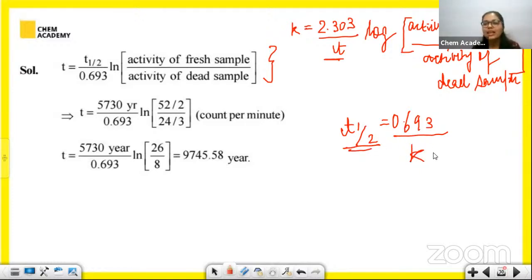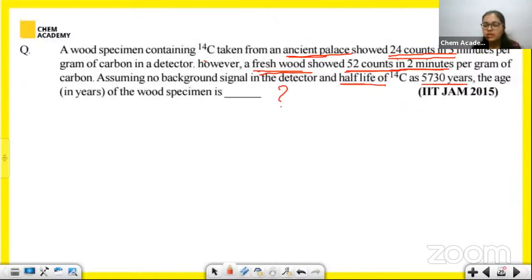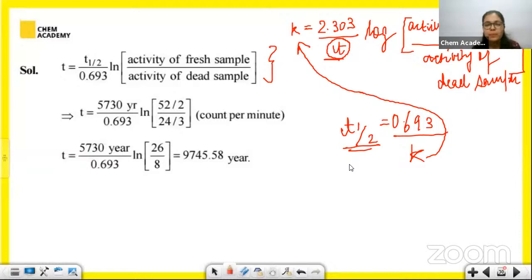From here, we can calculate the value of k, and we can substitute this value of k in this equation, and we will be able to easily calculate the value of time. I hope it is clear. This was the question, and this is how we did it.